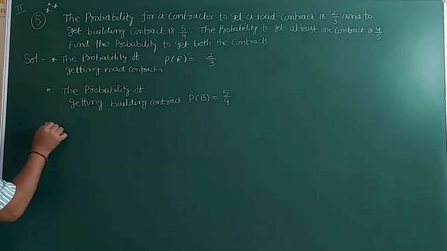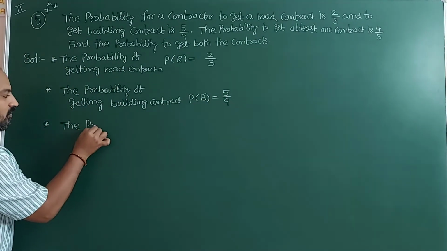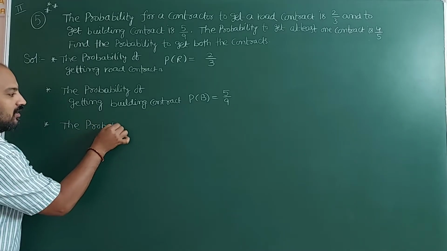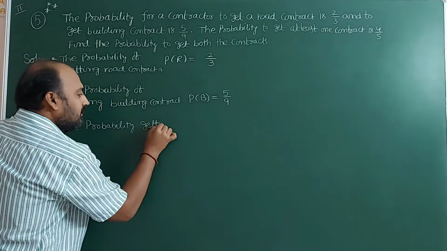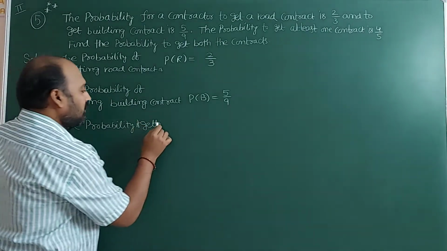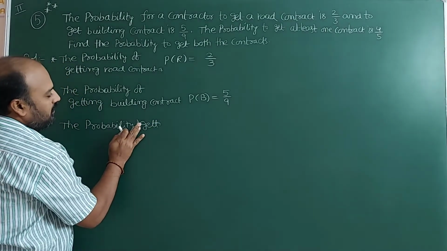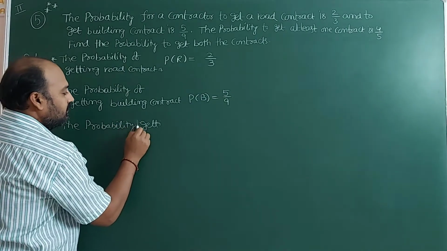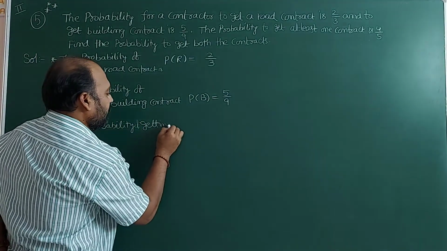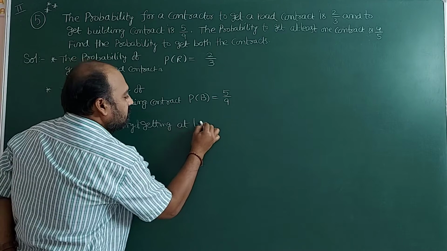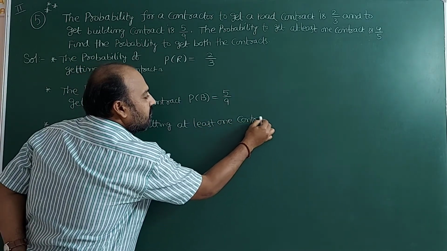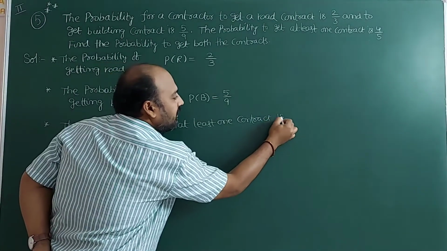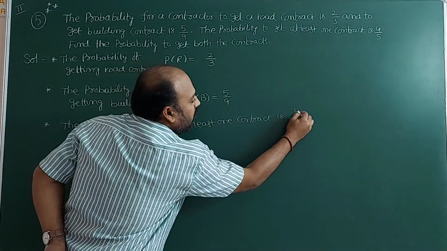So the probability of getting at least one contract is 4 by 5.